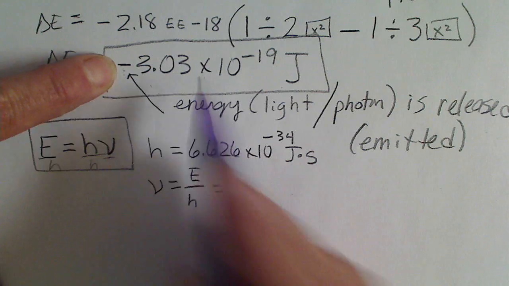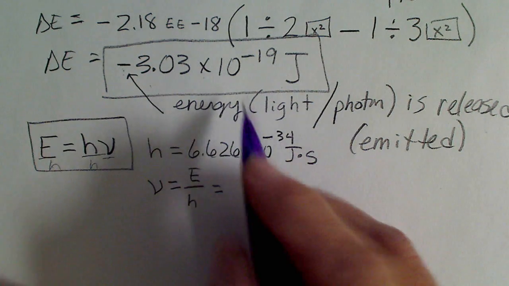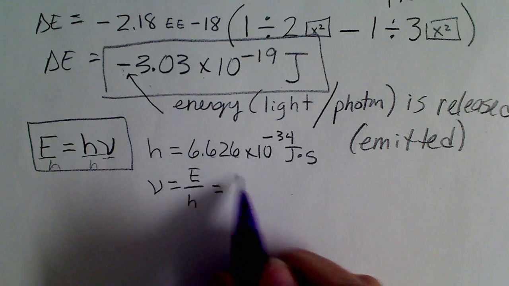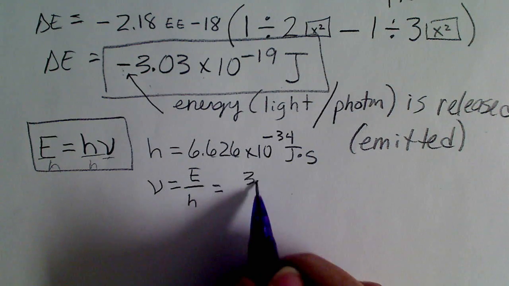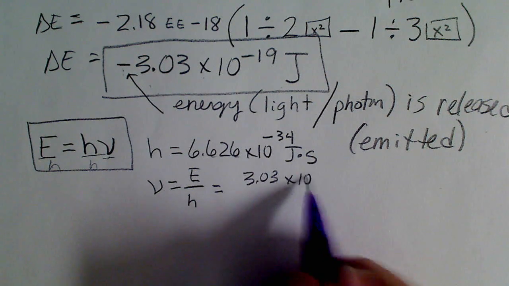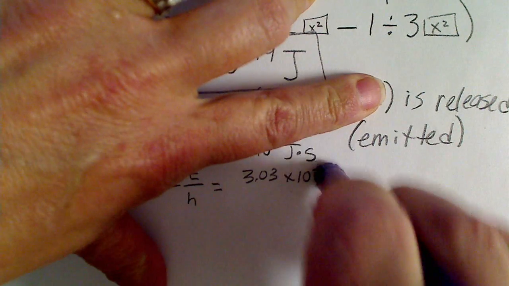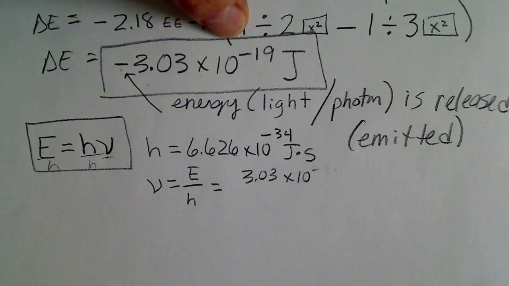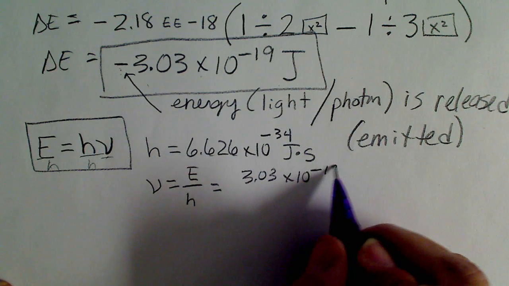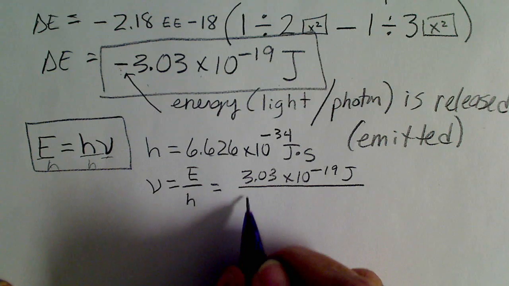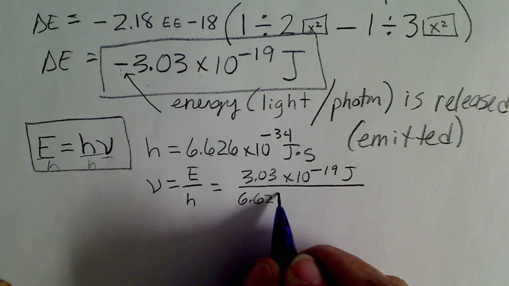We're going to take the absolute value of that energy because the sign just tells us if energy is given off or absorbed. So we'll use the absolute value of that, 3.03 times 10 to the minus 19th joules. And if we divide this by Planck's constant, 6.626.